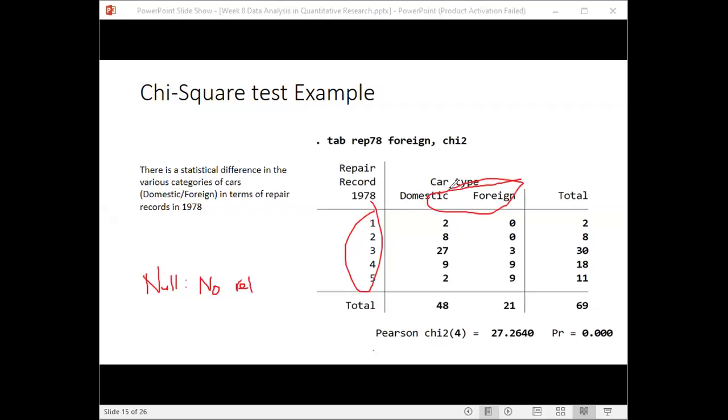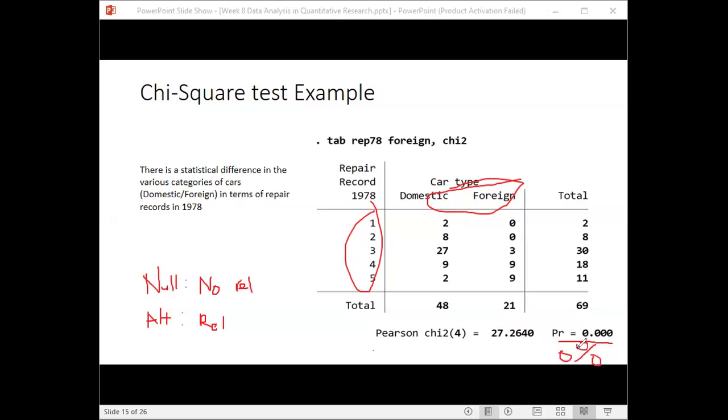And the alternative, H1, is saying that there is a relationship between some of the repair records and whether it's domestic or foreign cars, right? And so what we look out for is the probability value. And what do we see this probability value to be? 0.000.